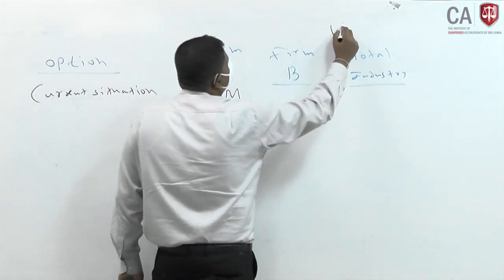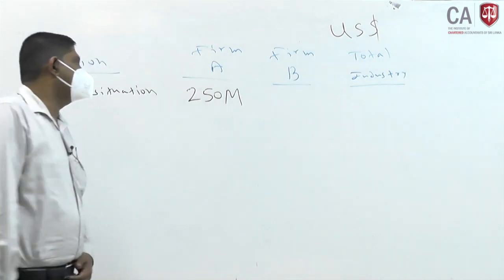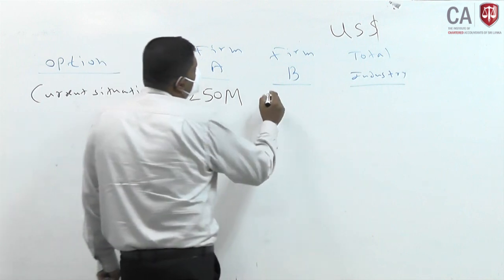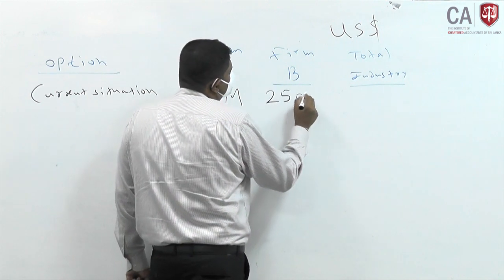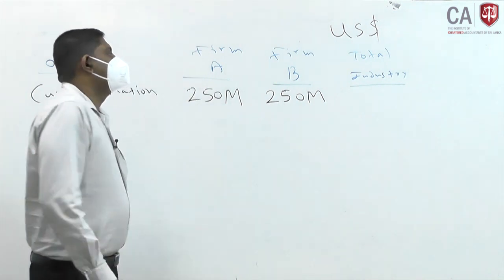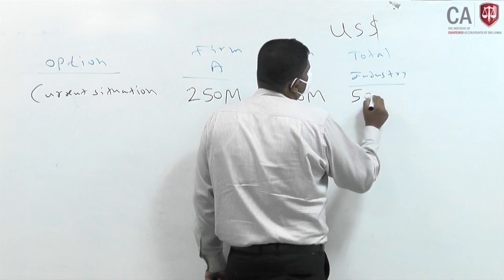So, here I am identifying the profit in terms of US dollars, 250 million. Firm B, again 250 million. So, now the total profit of the industry is 500 million.